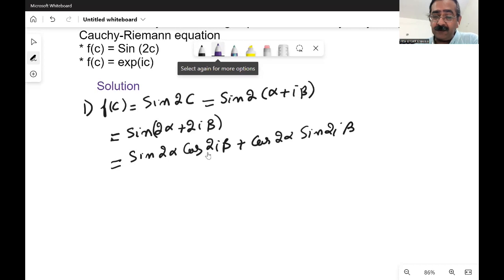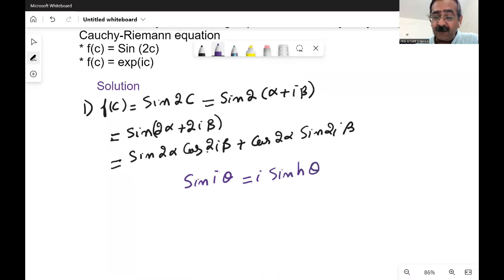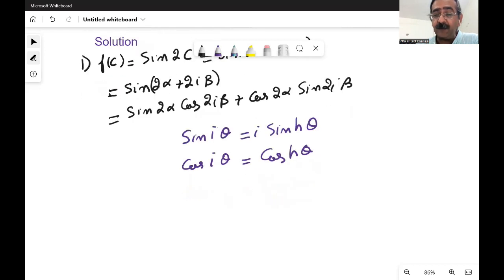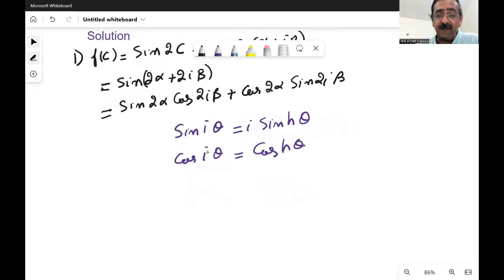As we know, sin i theta is equal to i sinh theta, while cos i theta is equal to cosh theta. We will use this formula on the above equation.